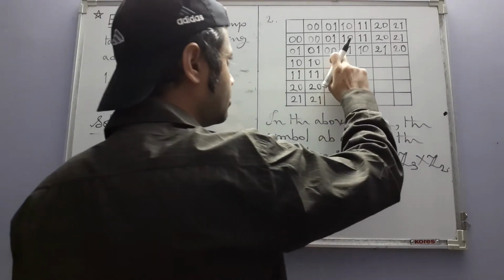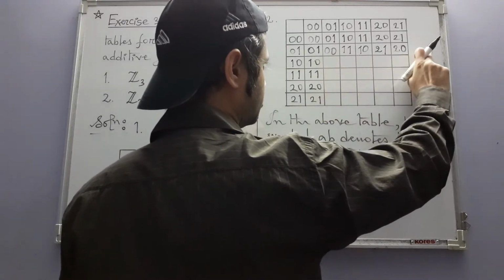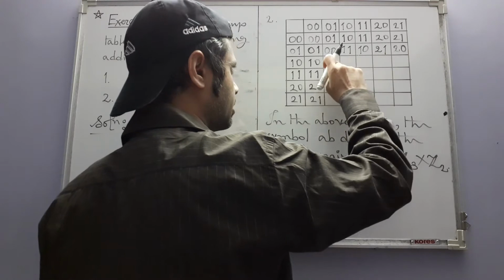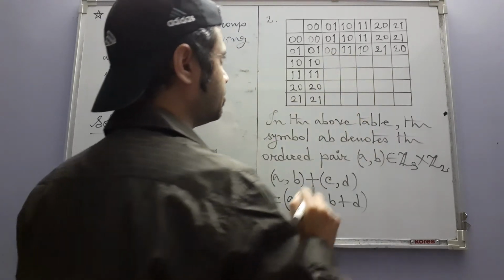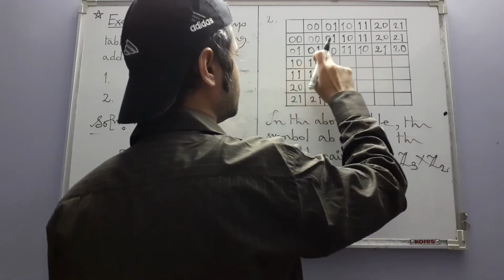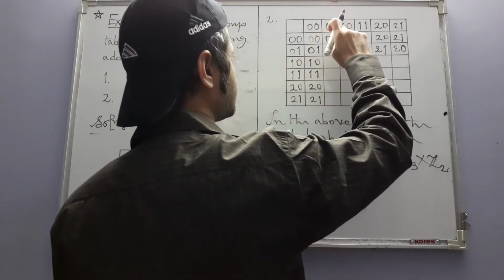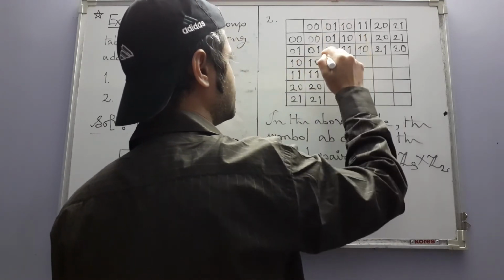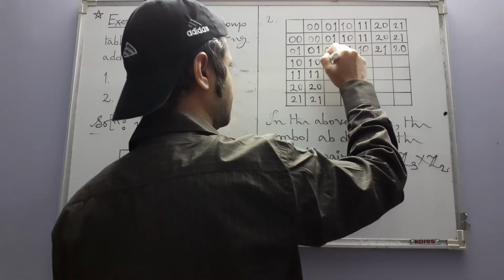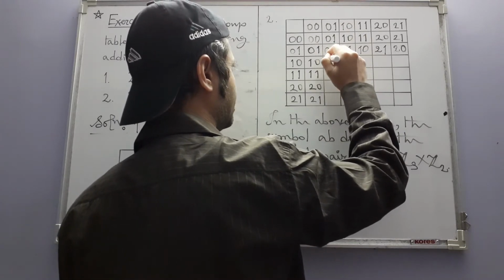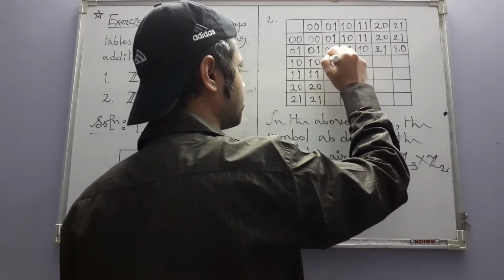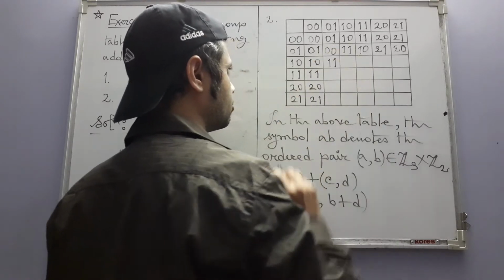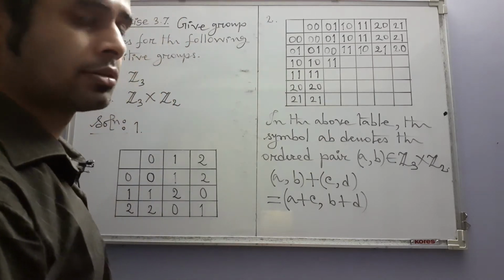So whatever you have written in this row, the exact same things will now appear along this column. So 1 0 plus 0 1 is again 1 1, which you can also find by directly calculating, but I am just saying a simple thing about group tables of abelian groups.